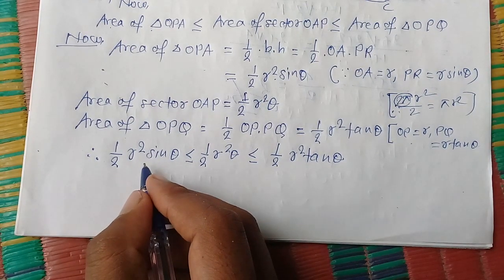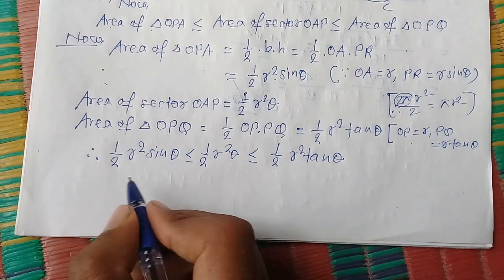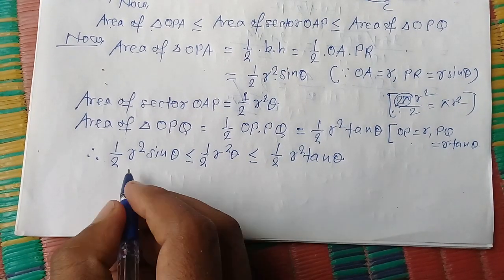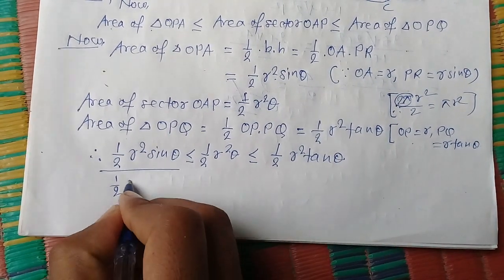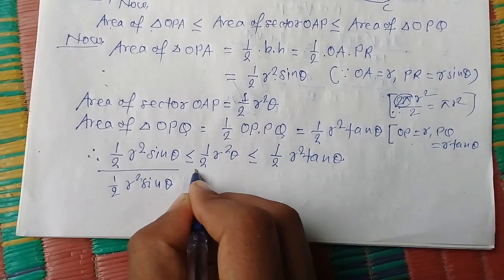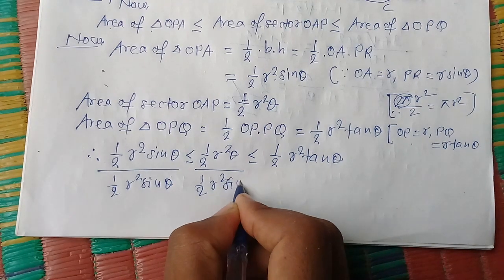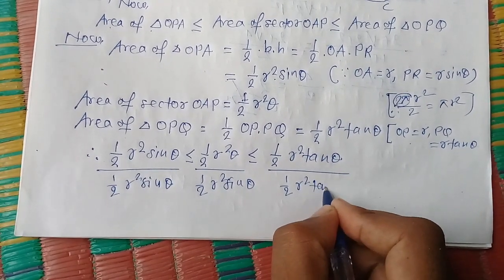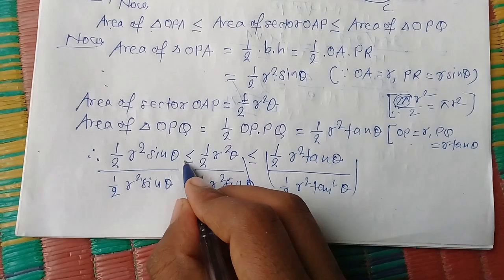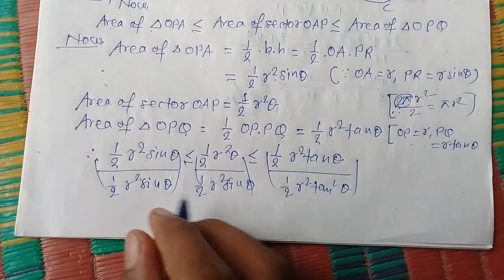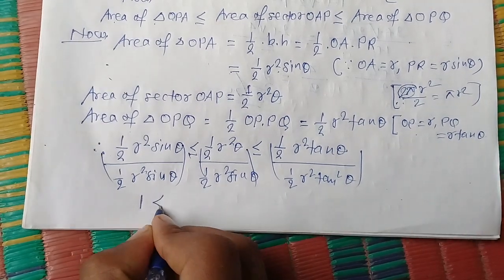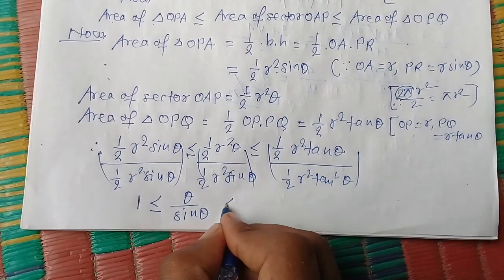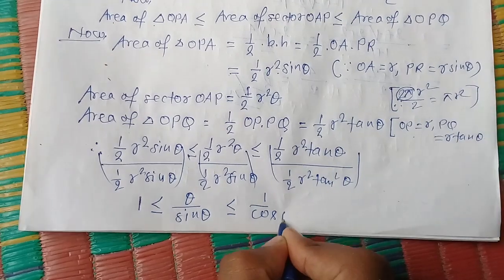Now dividing by half r square sin theta, we get 1 less than or equal to theta by sin theta less than or equal to 1 by cos theta.